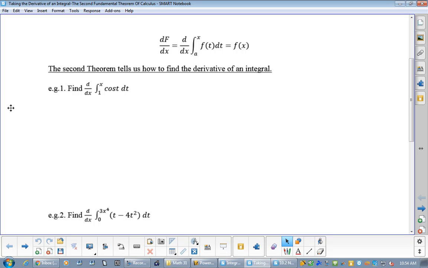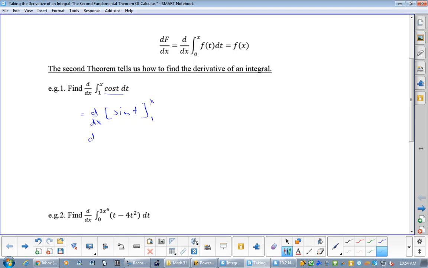So I want to do these two questions with you, and I want you to see why it works. Okay? So the first thing we're going to do is d/dx of the integral of cos t. It should be sine t from 1 to x.